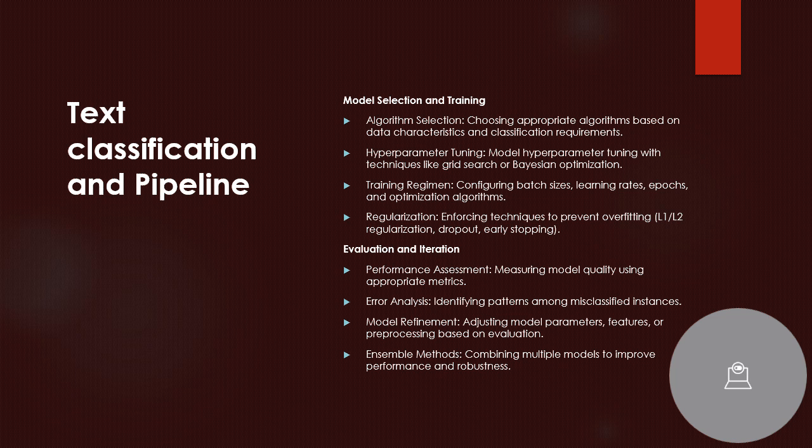Patterns in misclassified instances are identified to understand the model's weaknesses. And model refinement. The model is adjusted based on the evaluation results, which may involve changing parameters, features, or pre-processing steps. And the next one, ensemble methods. Multiple methods are combined to improve the performance and robustness.